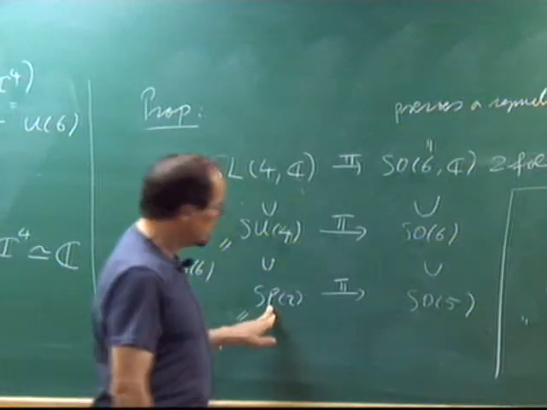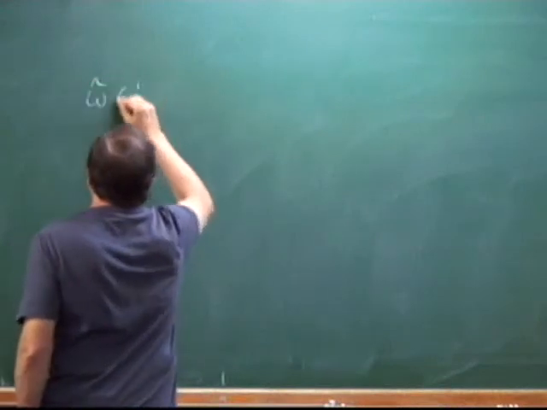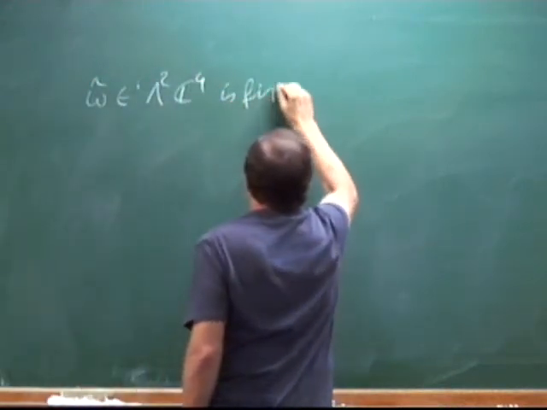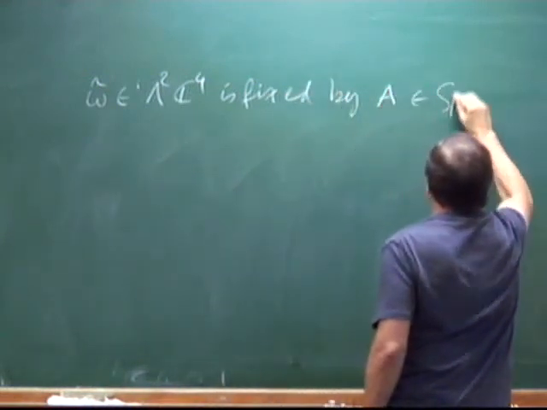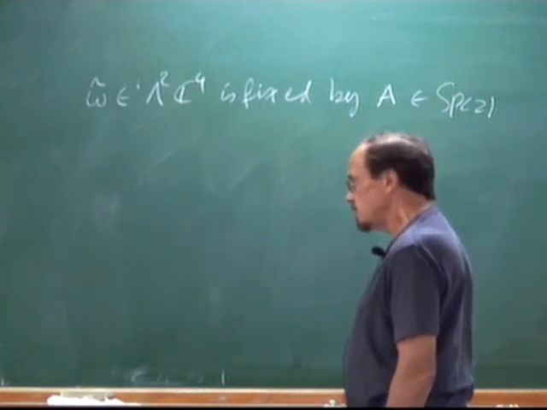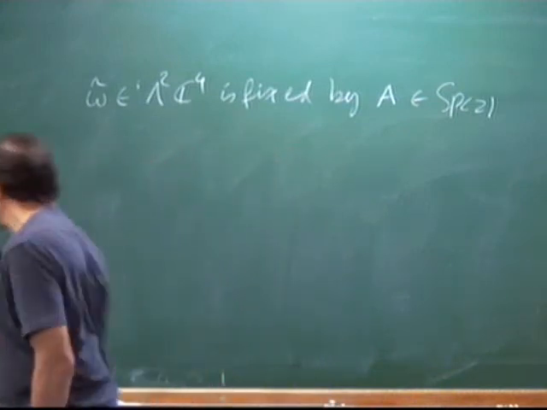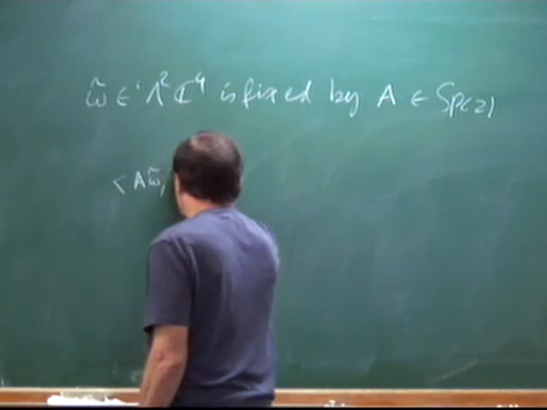So now I claim that I can use this with something that lies in SP2. I have to find a fixed vector. So I claim that this omega tilde in lambda 2C4 is fixed by A in SP2. Right? What do I have to say? Just plug it in here.